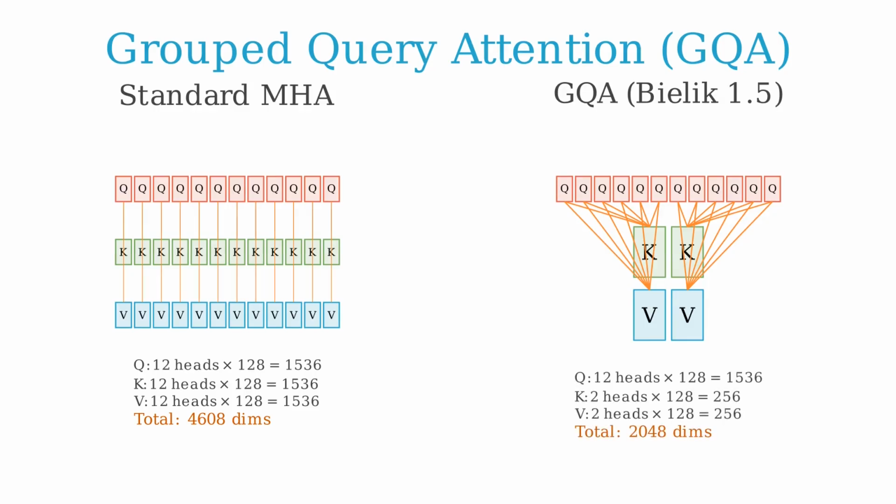Each key value head is shared by the 6 query heads. And the savings are significant. We are talking about a 55% reduction in dimensions, smaller memory footprint, faster inference, and from what I've read, similar quality to standard attention. Pretty cool, right?